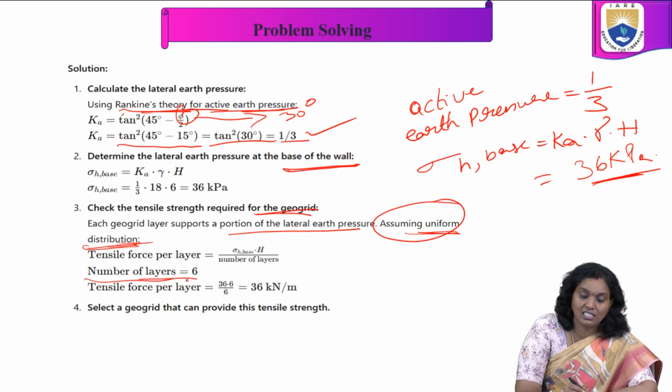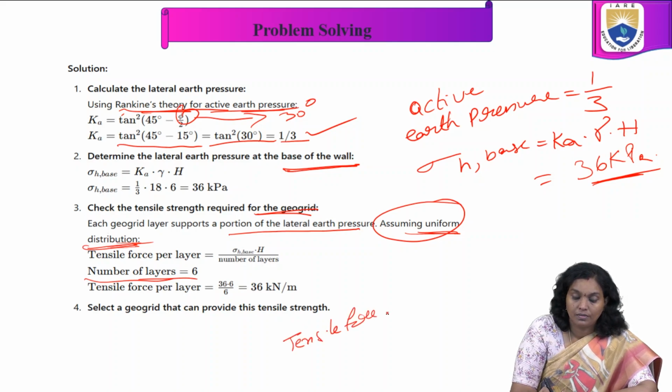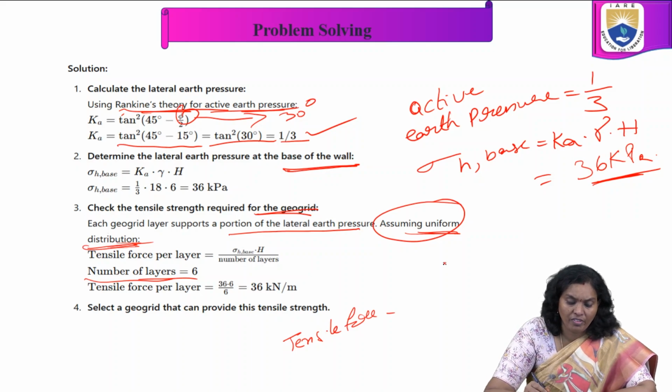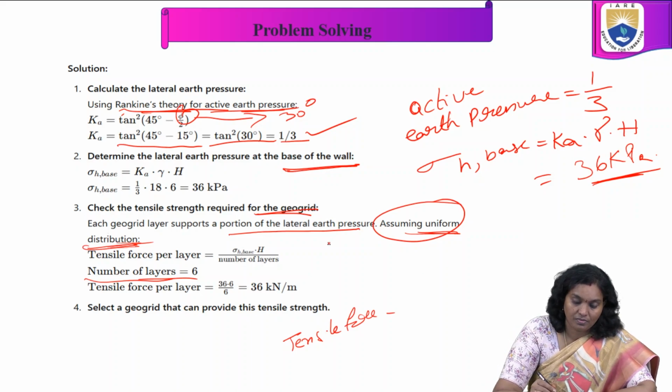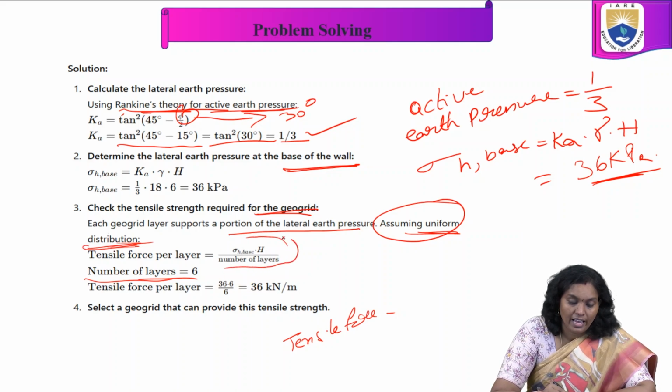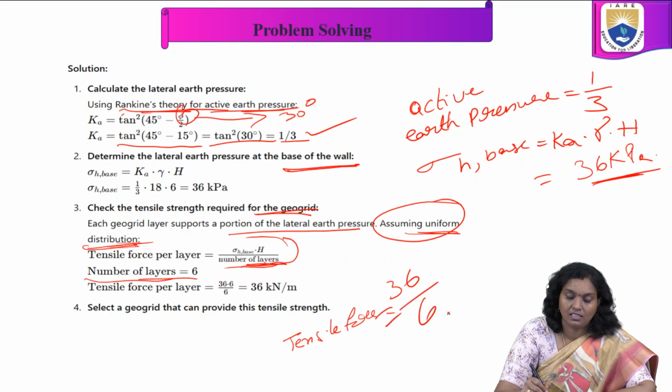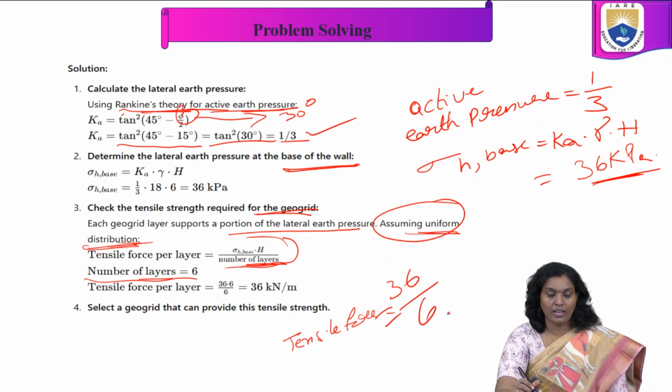The number of layers is equal to 6. So the tensile force per layer is sigma h at base divided by the number of layers, that is 36 by 6. That is the tensile force per each layer.